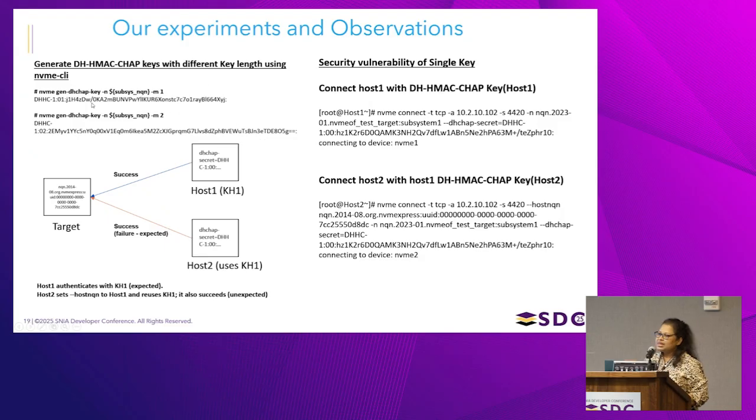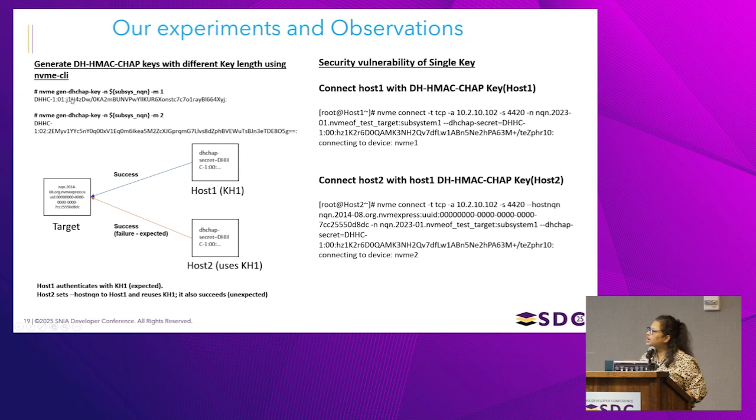The theory that I explained, we also tried with our storage solution in our lab. As you were asking, how the keys are generated. Today, the font is small, I hope it's visible. NVMe-CLI supports this DH-CHAP generation parameter.